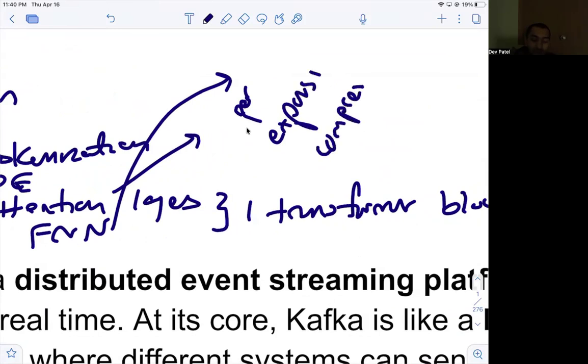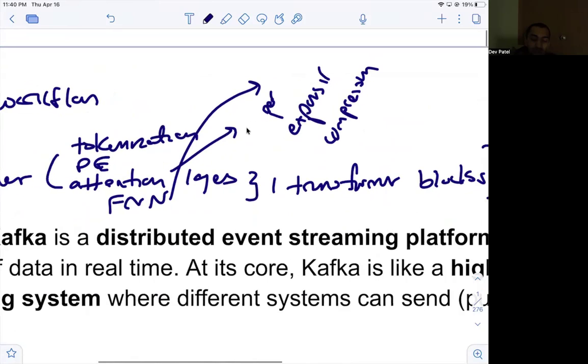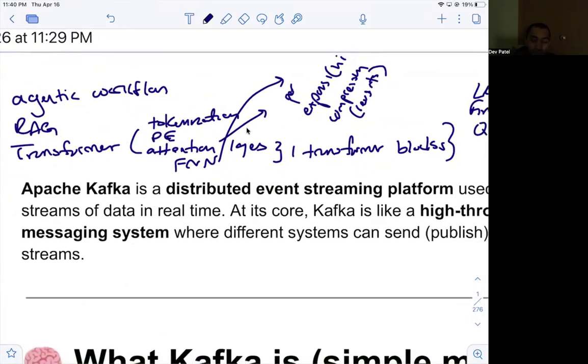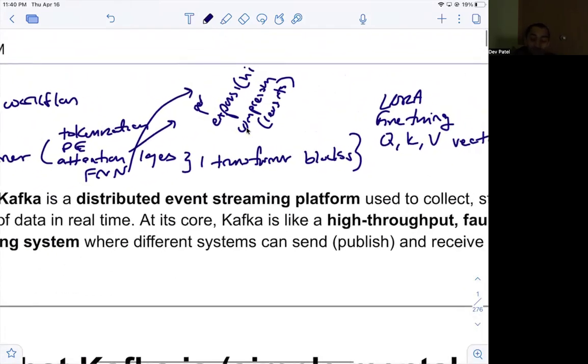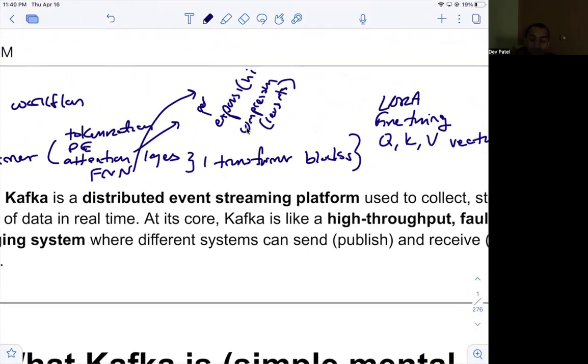The expansion phase tries to identify the hidden or latent features in a larger space, and compression reverts to the original dimension space that we have. Transformer blocks are attention and FFN, and we can have multiple transformer blocks. Each one learns a deeper, more nuanced relationship semantically within the sequence of words.